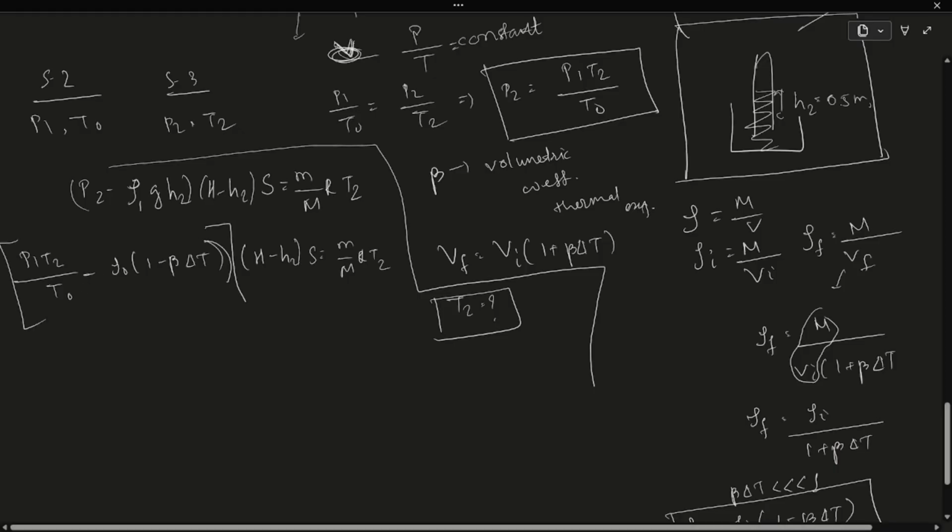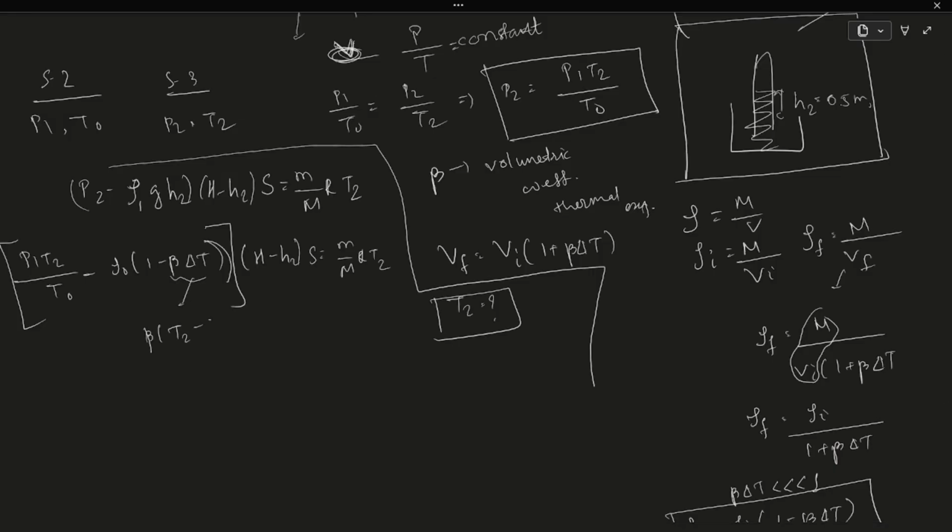This beta delta T is beta into T2 minus T naught.